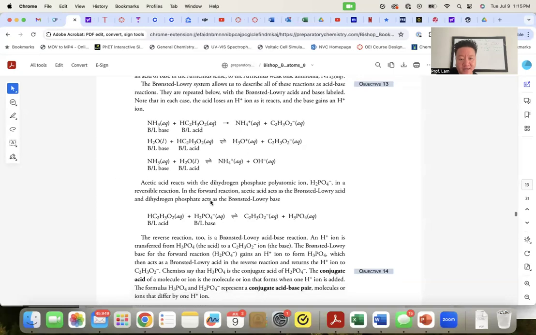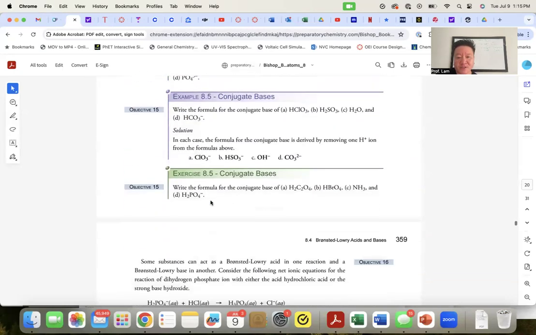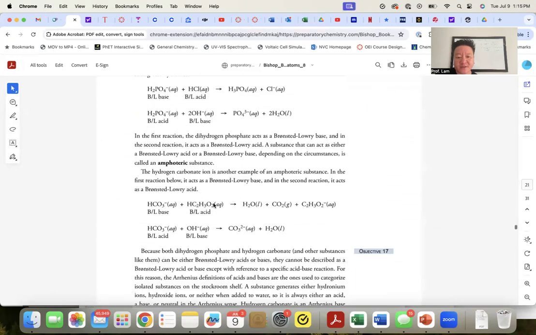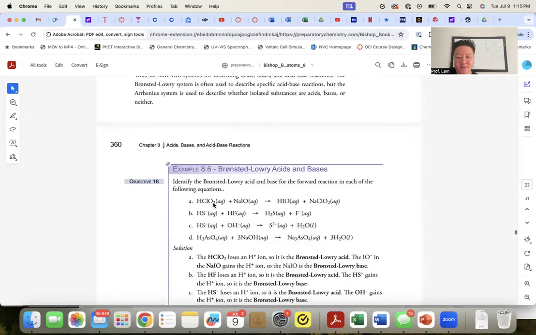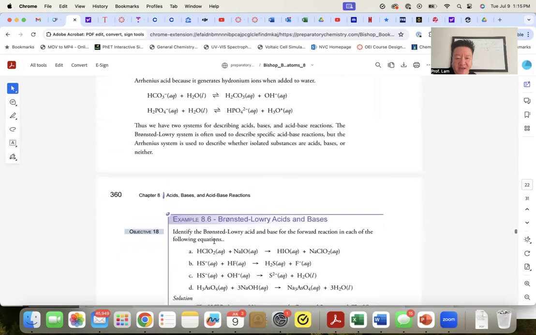Okay, so let's go back and do some example problems here. So let's take a look at this one. Identify the Bronsted-Lowry acid and base for the forward reaction in each of the following equations. And also, let's practice naming the conjugate acid and the conjugate base.